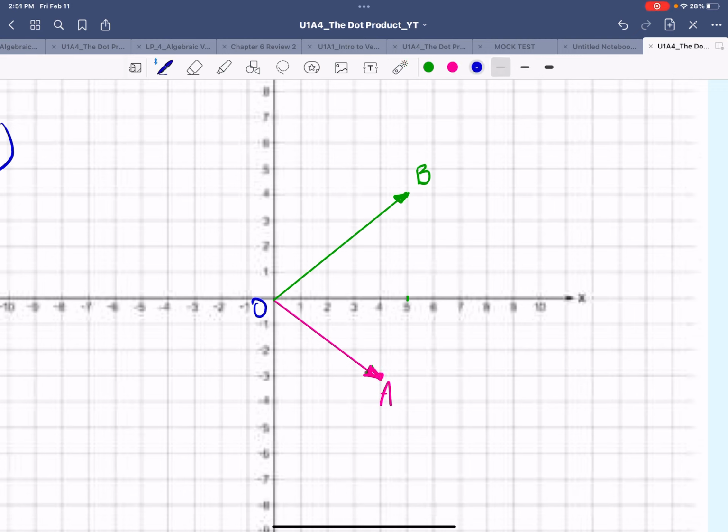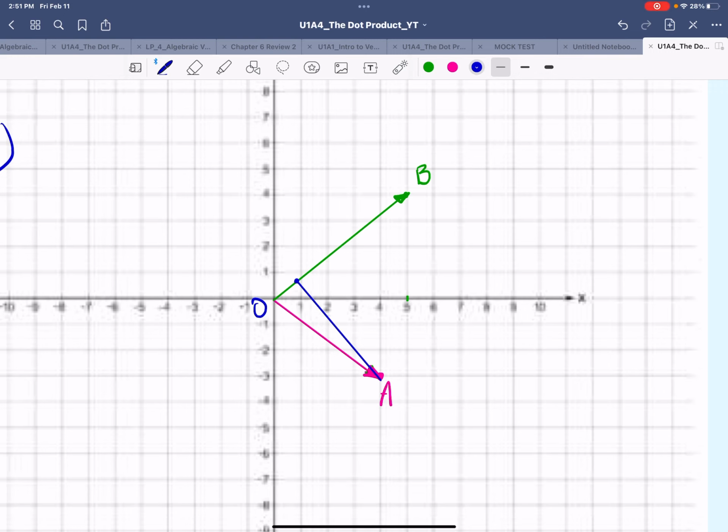So I'm going to try my best to draw a perpendicular here. Obviously it's eyeballing a little bit, but the idea should be there. So if you drop the perpendicular onto OB, then you would see that the foot of the perpendicular would be right here at this point.